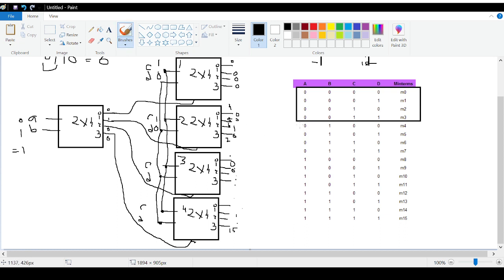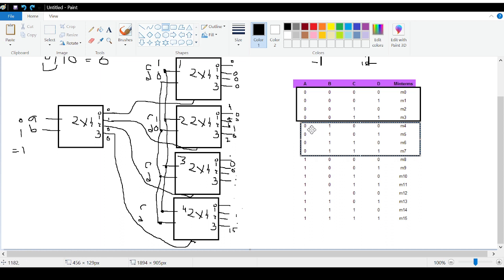In the next combination, when AB is 0 1, the output can range from 4 to 7, and again the combination of CD repeats. So CD goes from 0 0, 0 1 to 1 1, and same goes for CD again. The combination for CD is repeated and AB remains the same.